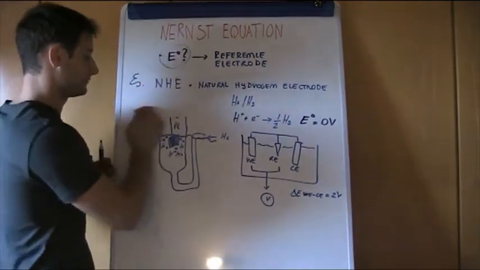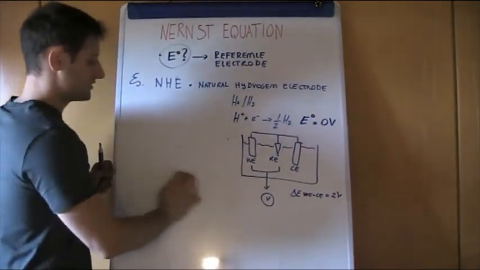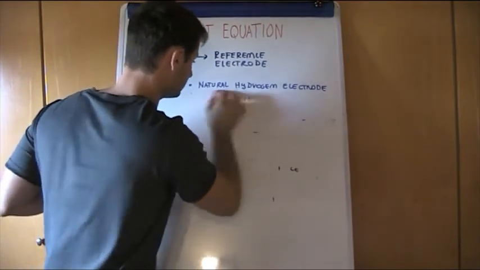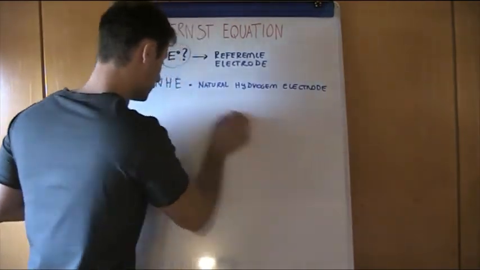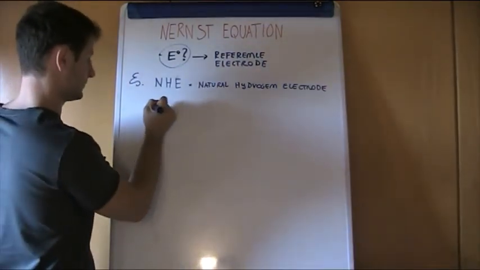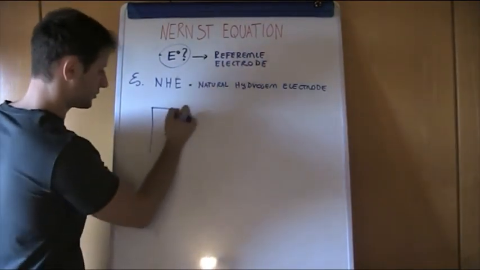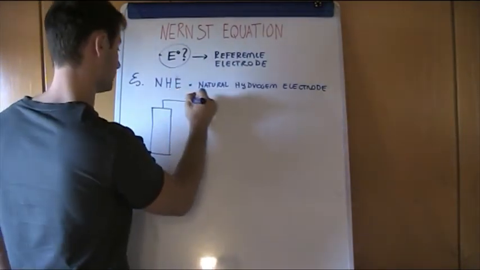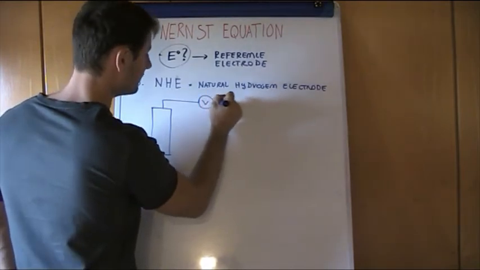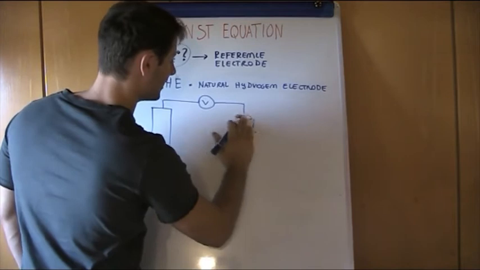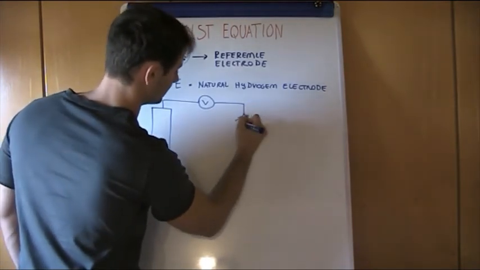In particular, if we want to understand better, we can couple, for instance, an electrode of a certain specific metal, maybe, with our hydrogen electrode.